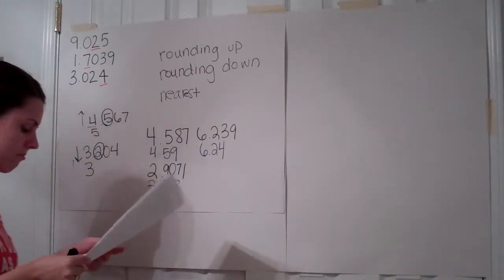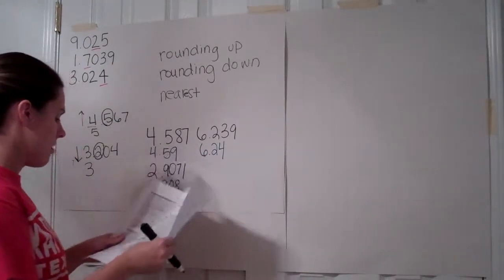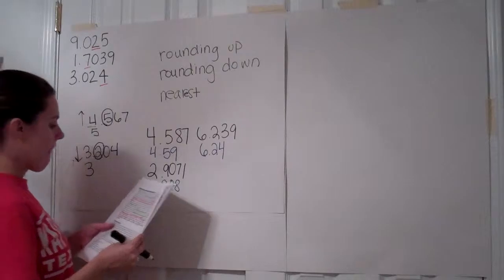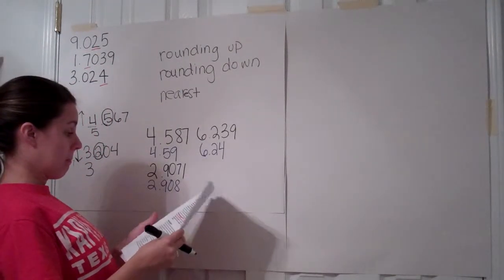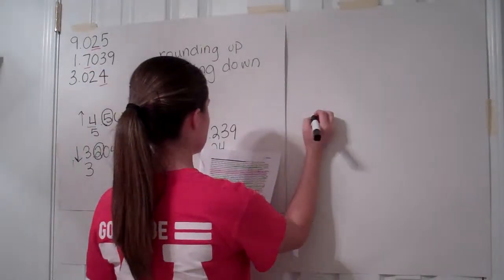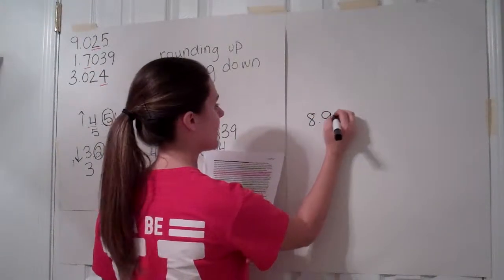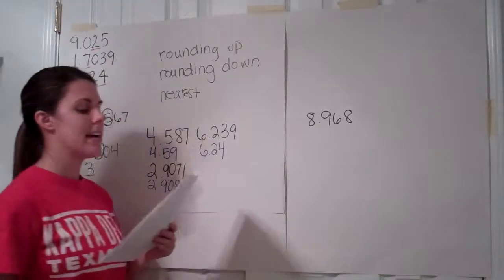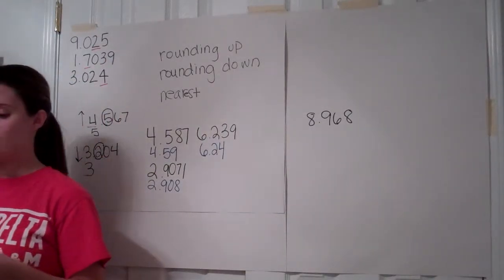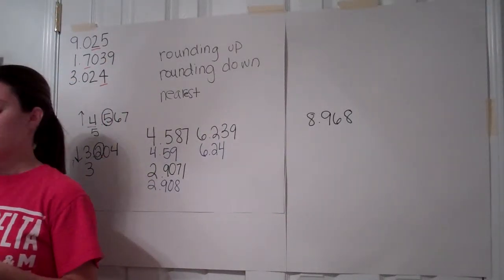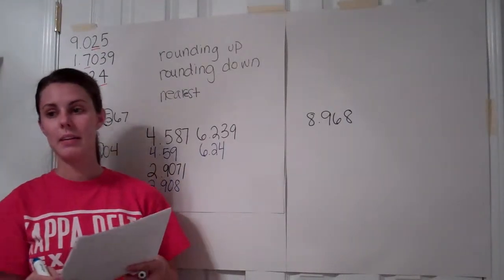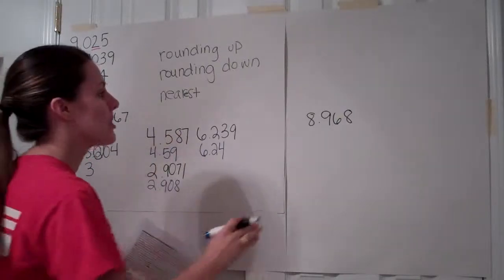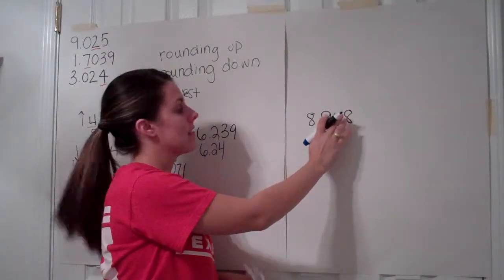So, let's round 8.968 down to the preceding hundredth. Nancy, can you answer this? Let me explain it first. Okay, so 8.968.